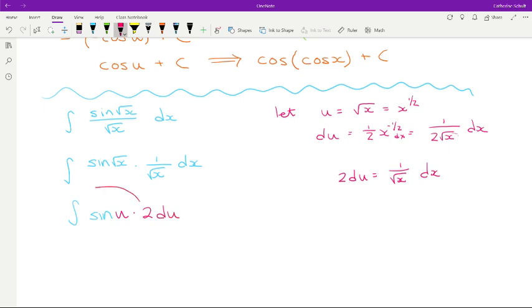I'm going to move that 2 in front. Now this becomes our integral, which is a little easier to handle. What's the integral of sine? We just did that one. We'll do it again, and because it's an indefinite integral, you did the plus c. Then your final step is to return the same variable you started with, so root x.